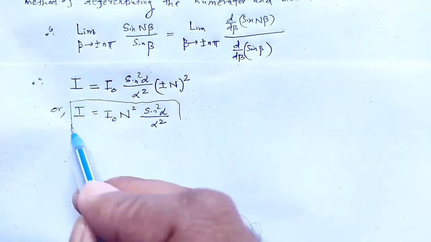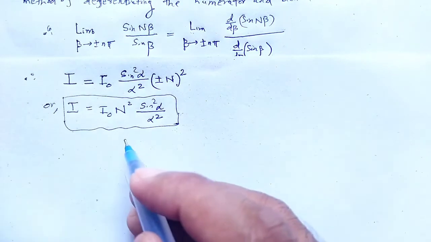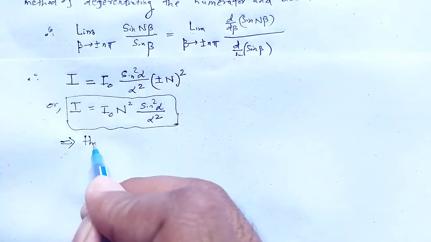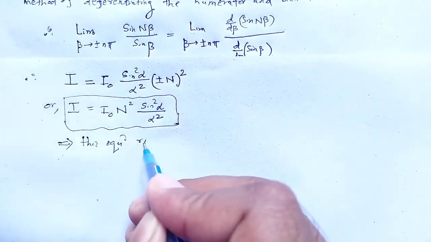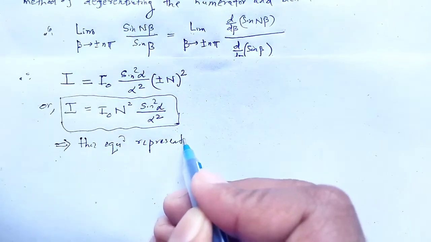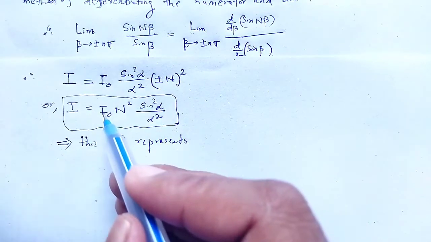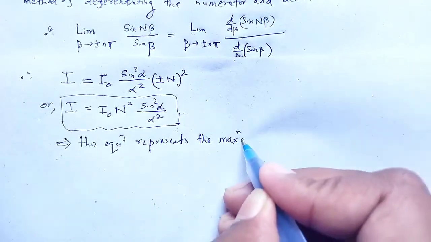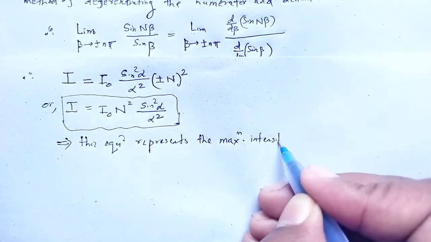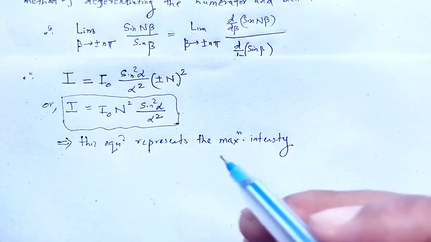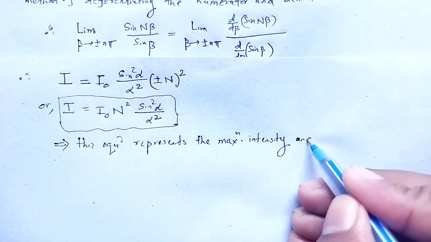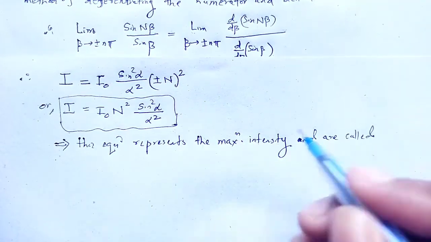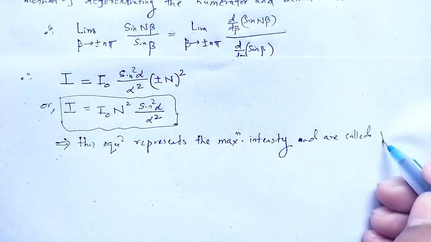This equation represents the maximum intensity, and that maximum intensity is called the principal maxima.